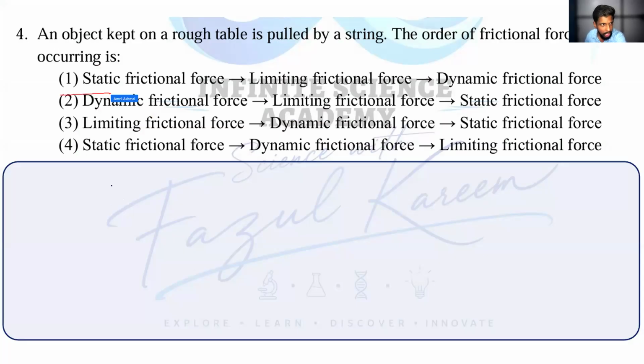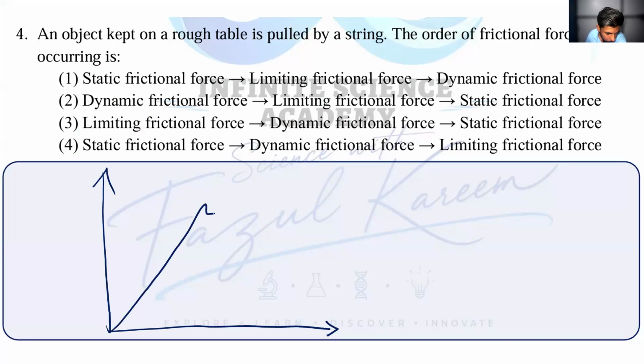Now, under question number 4, we may have a gap like this, right? Within this gap, draw the graph. There's a small drop here. This is called static, before the motion.